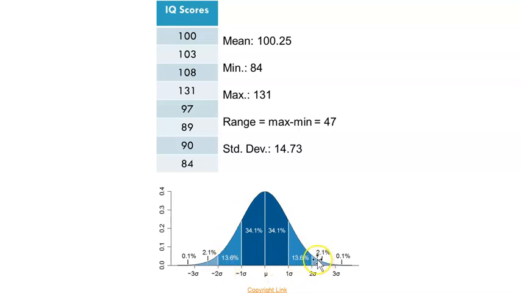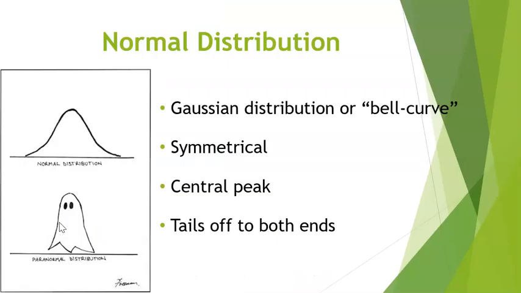About 2% will fall above 3 standard deviations, and then about 2% will fall below 3 standard deviations, so about 4% of the data will not be included in this main section. So just kind of know that most data will fall within 2 standard deviations of the mean.